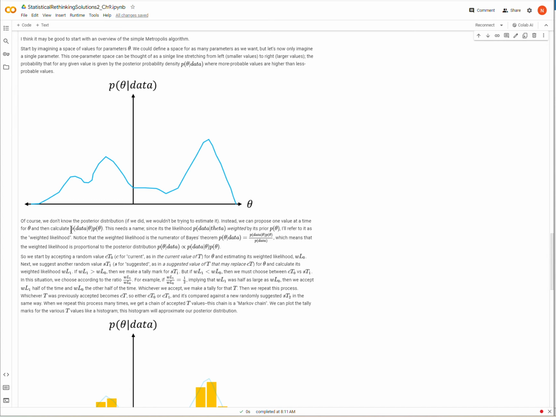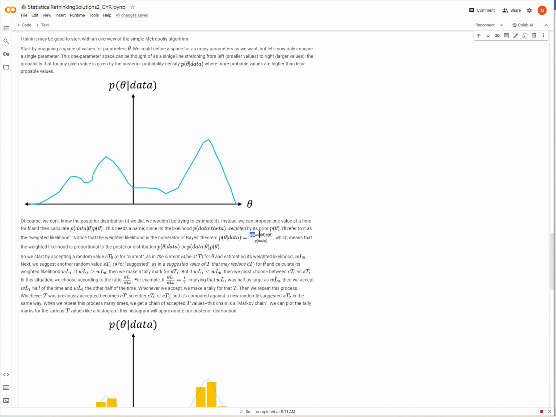This expression, the likelihood times the prior, is just the numerator of Bayes' theorem. So the value that we calculate is not equal to, but proportional to, the posterior.